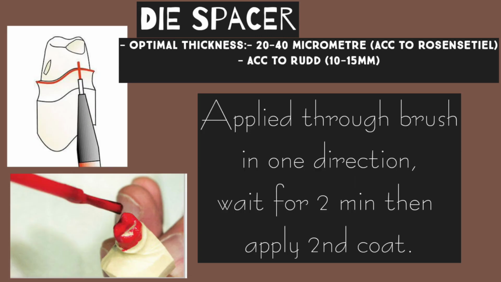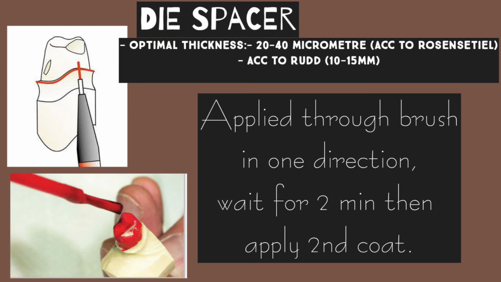The thickness of the die spacer should be 20 to 40 micrometer according to Rosenstiel, and according to Root it should be 10 to 15 micrometer. These die spacers are applied with a brush in one direction. So this is all about the die spacer we use on the die for making a space.